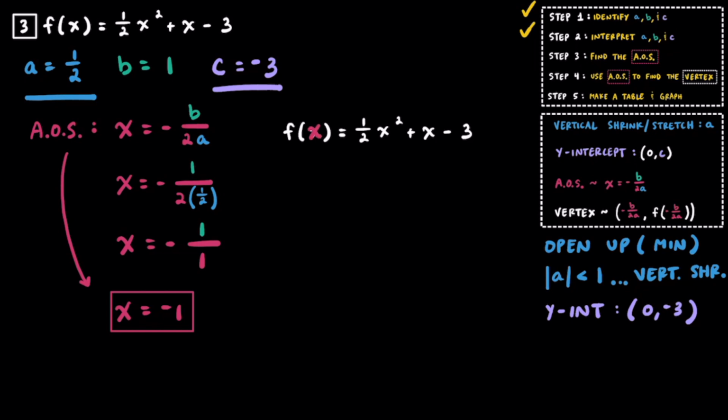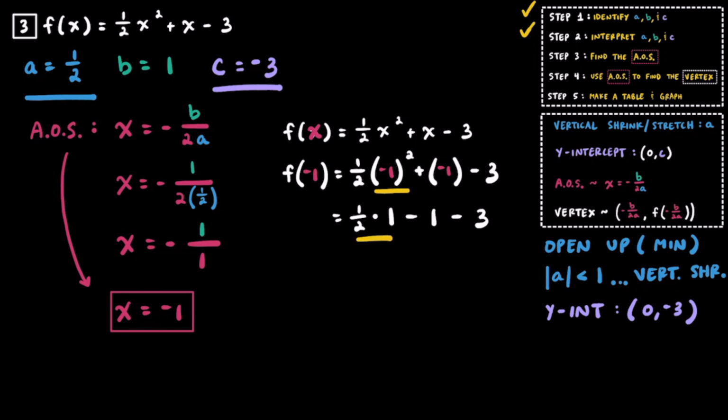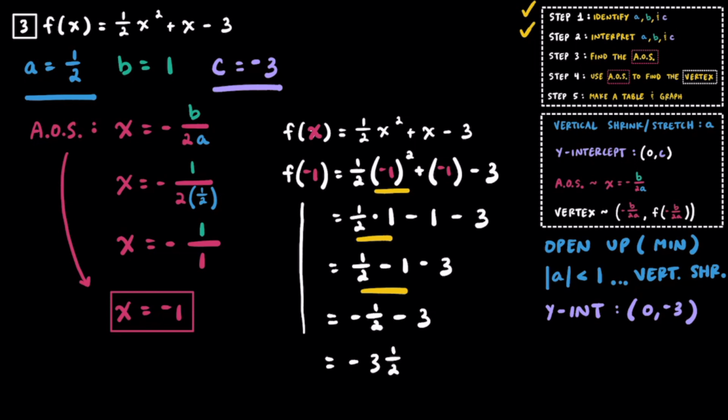Substituting negative 1 in for x, we can find that f of negative 1 is equal to, when x is equal to negative 1, y is equal to negative 3 1/2.